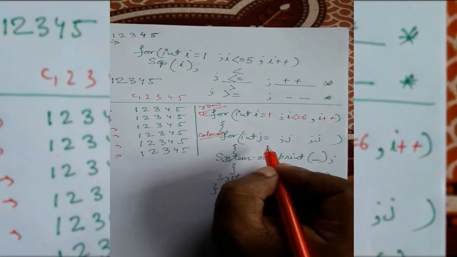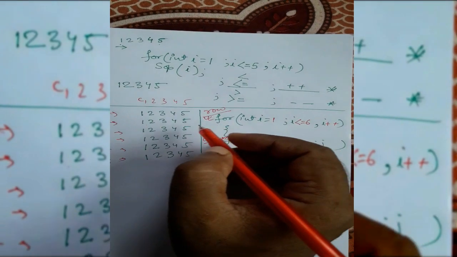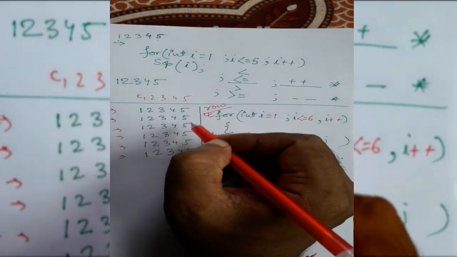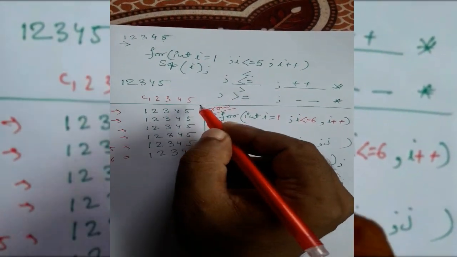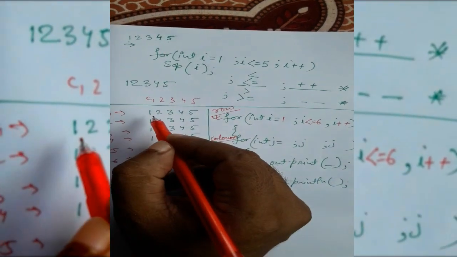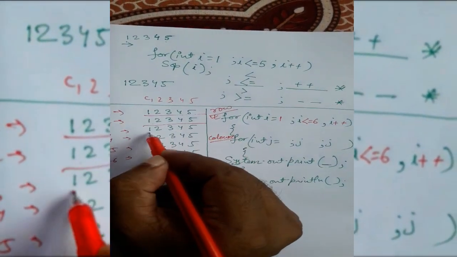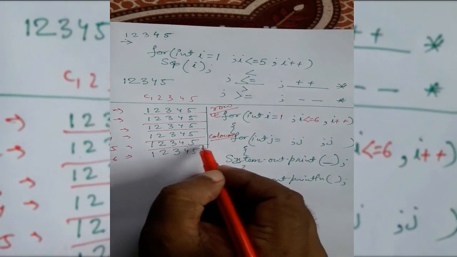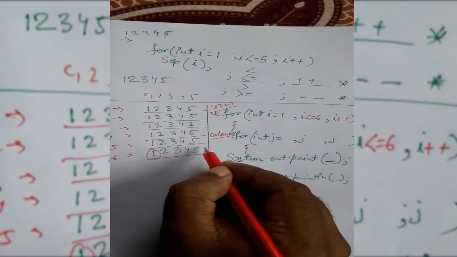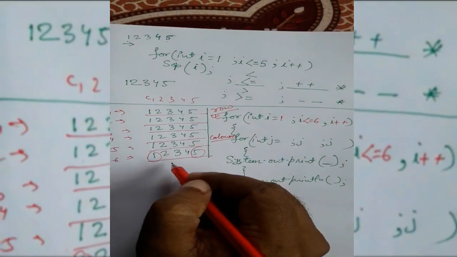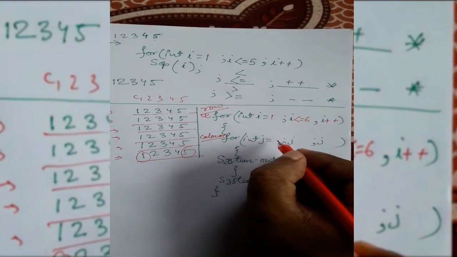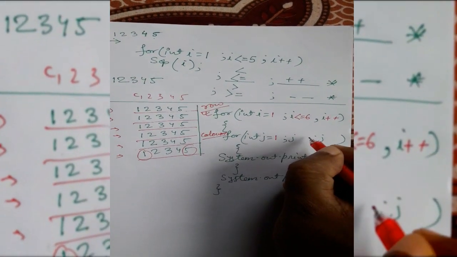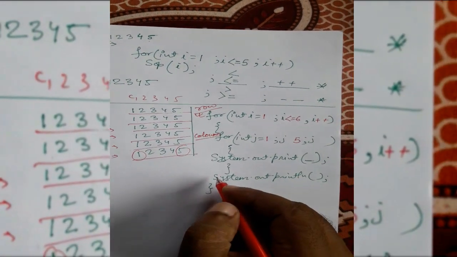So that means every time it is printing 1 to 5. We have two things, starting and ending. For every row, this one is a row, this one is a row, the starting and ending are the same, that is 1 and 5. Both are constant, so we can give constant values 1 and 5 here.